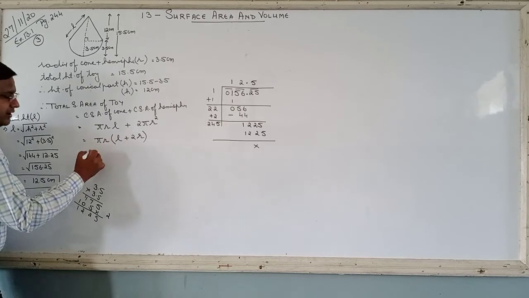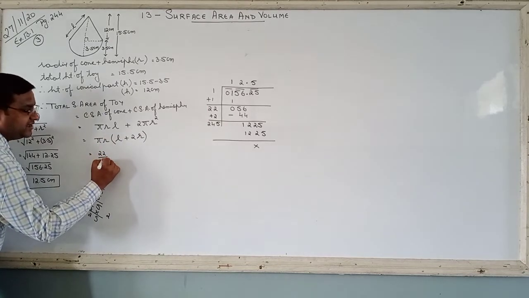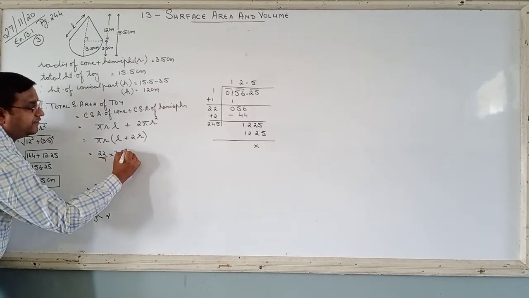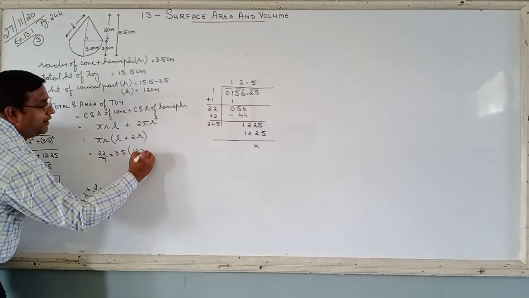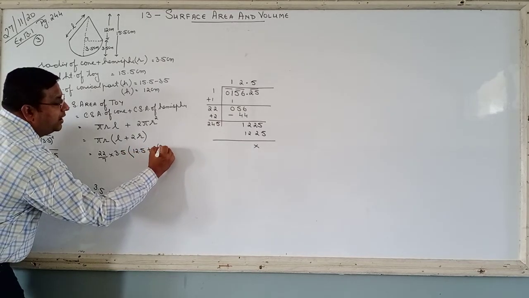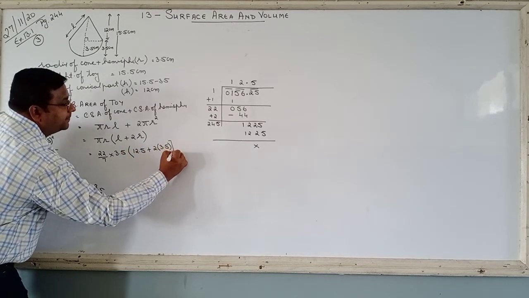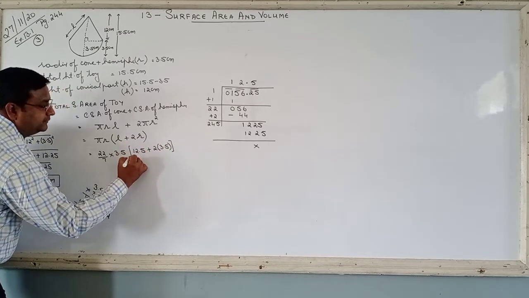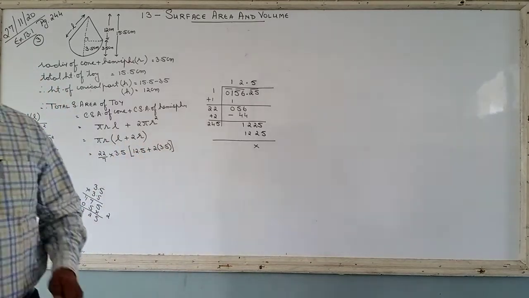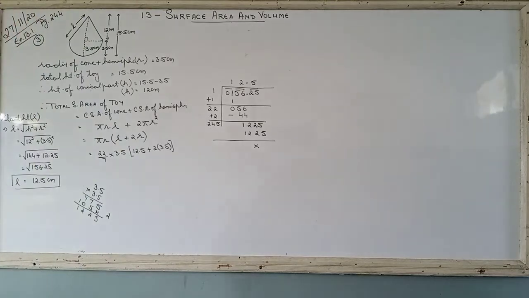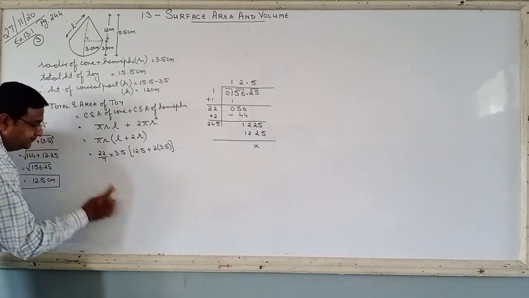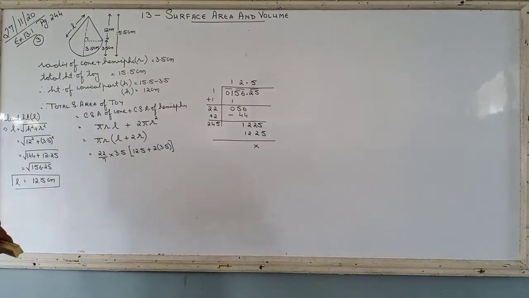Can we use it over here now? Pi is 22 by 7, r is 3.5, l is 12.5 plus 2 into r, 3.5. Can you see? Calculations are not going to be tough. You should know the formula. Right? This is the long division method, how we have done it.